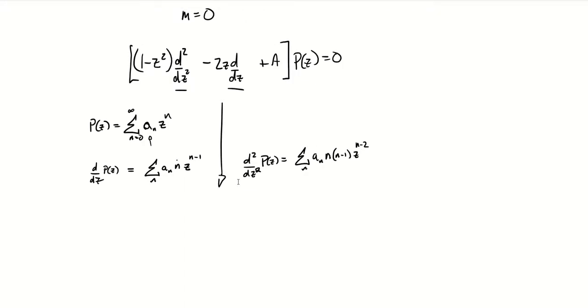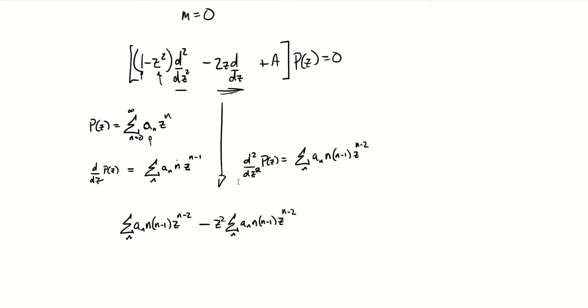If we plug in those derivatives, the first term, for this 1 here, is just the sum over n of a sub n times n times (n minus 1) z to the n minus 2. The second term that includes this z squared is minus z squared times the sum over n of a sub n times n times (n minus 1) z to the n minus 2.